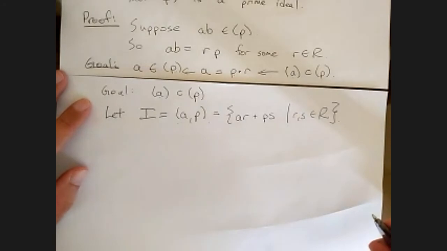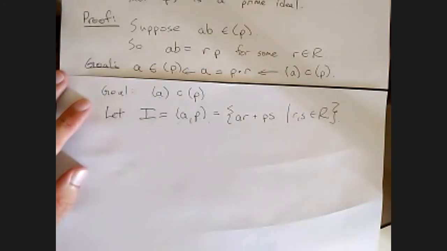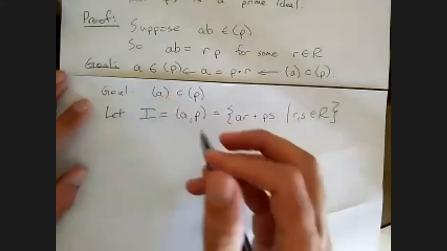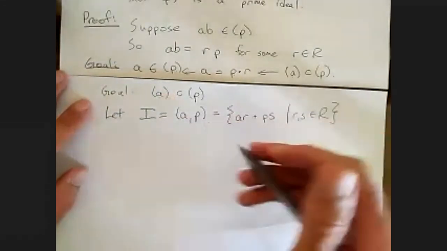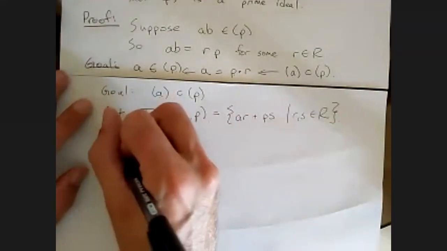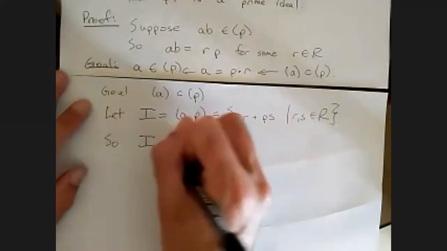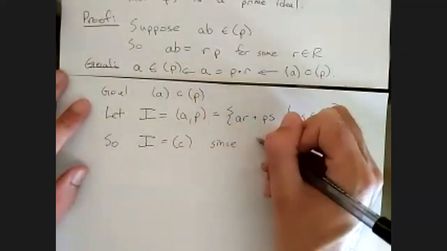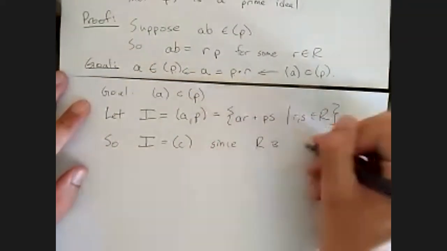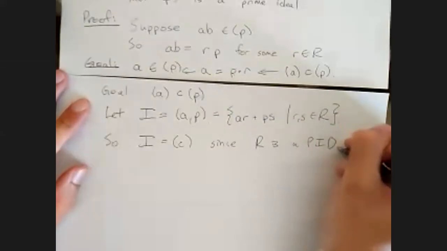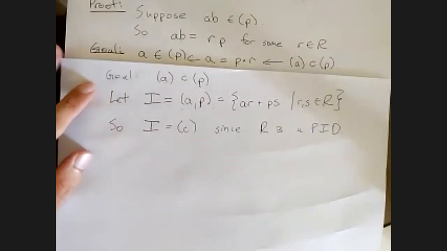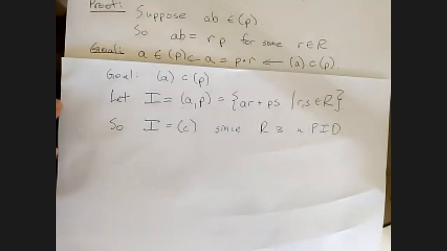Okay, now what happens? Well, we know that R is a principal ideal domain, so I is principal. Okay, I mean, that's fine. How does that help us? Well, you kind of have to work things out.